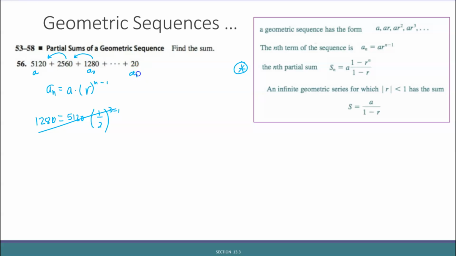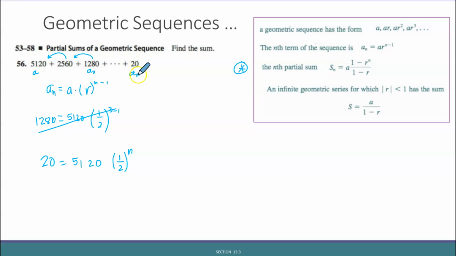If I want to look at a variable, maybe we should do this. Let's go with a_n. If I know a_n is 20, I can put that in here, so we have 20. I know the first term is 5120, so we can put that in here. We found out that r was 1/2, so that's still good. But now we don't know n. We just know a_n is 20.